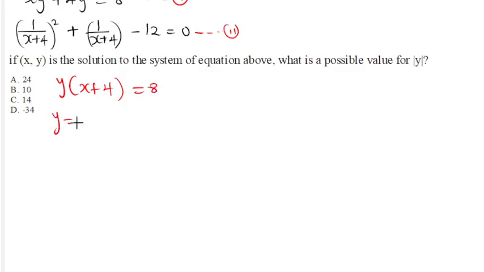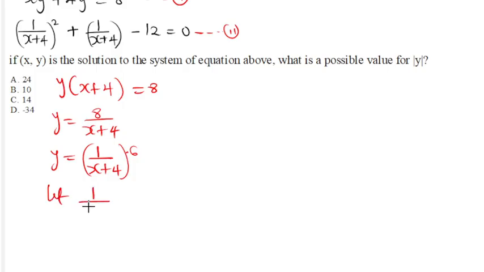So y is equal to 8 over (x + 4), which is 1 over (x + 4) multiplied by 8. Let 1 over (x + 4) be u.